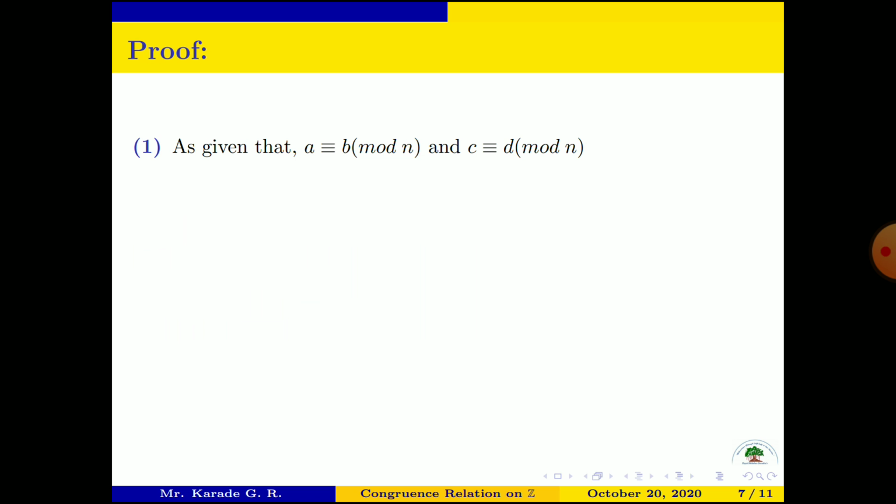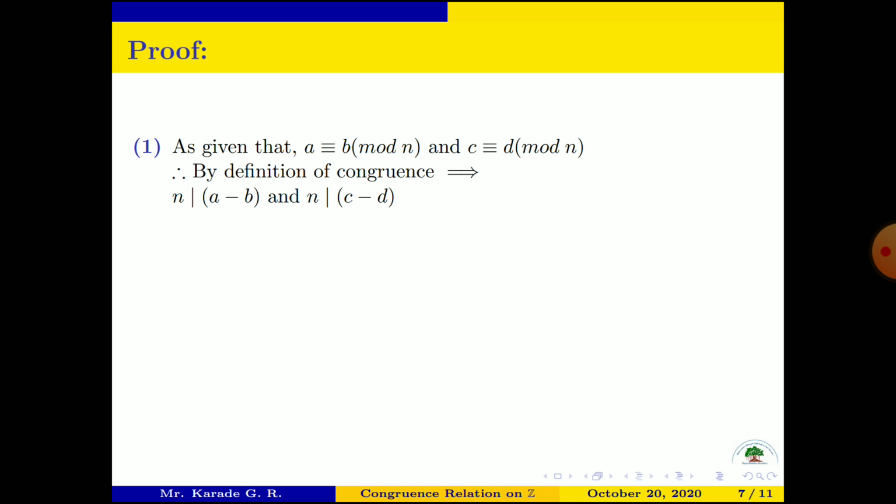As given that a is congruent to b mod n and c is congruent to d mod n, then by definition of congruence, this implies that n will divide the difference of a and b, and also n will divide the difference of c and d.